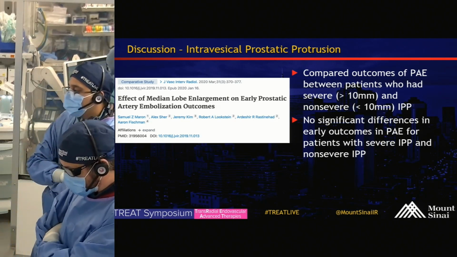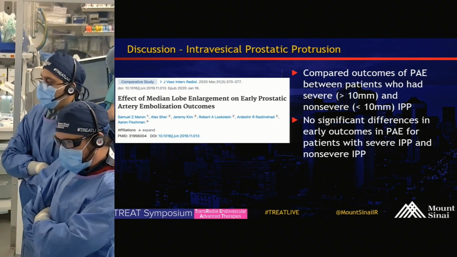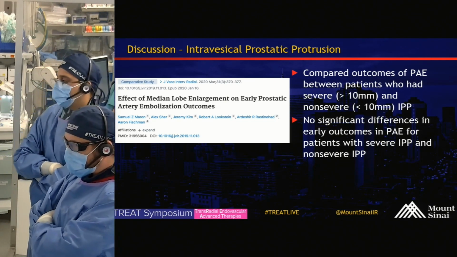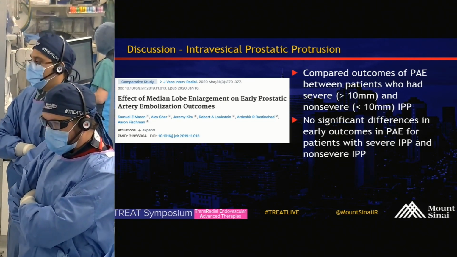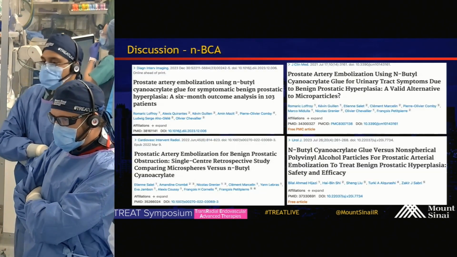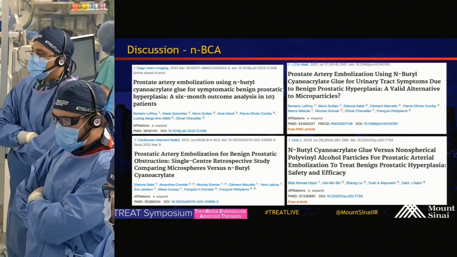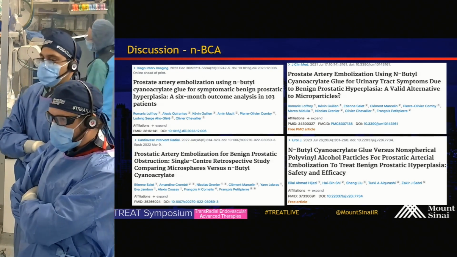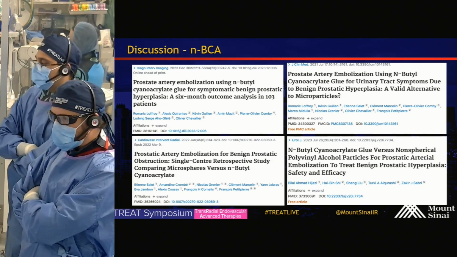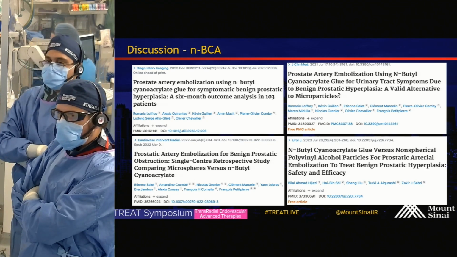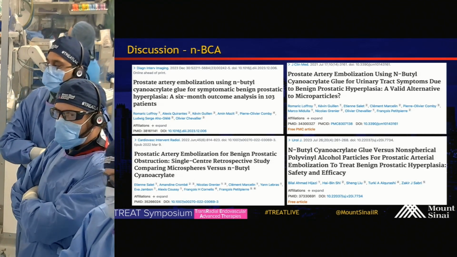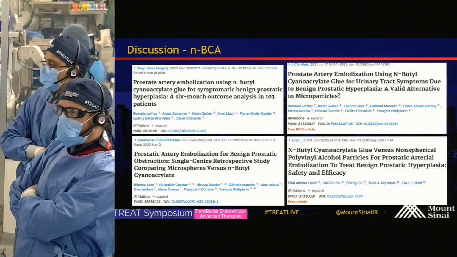And we found that there was no significant differences in early outcomes of patients who underwent PAE with severe versus non-severe intravesical prostatic protrusion. And then there's a lot of studies out there that discuss the use of n-BCA in prostate artery embolization. Majority of them show that it's a safe and effective alternative. There are some studies that also demonstrate lower fluoro use and also shorter procedure times.